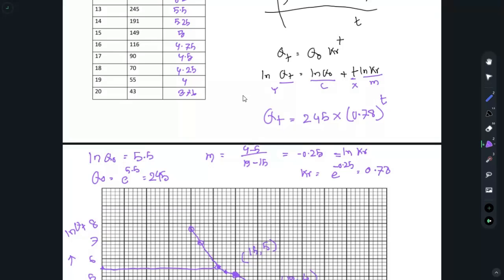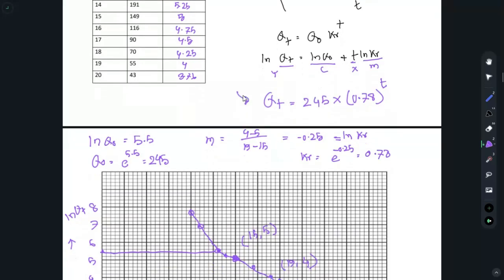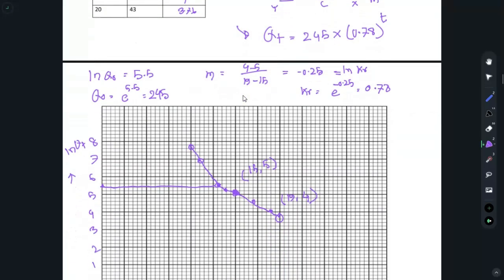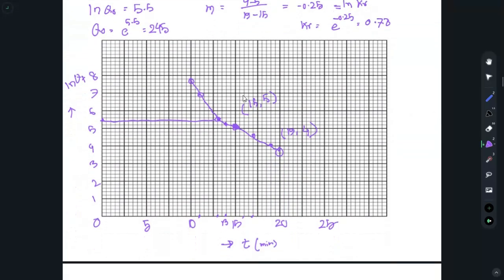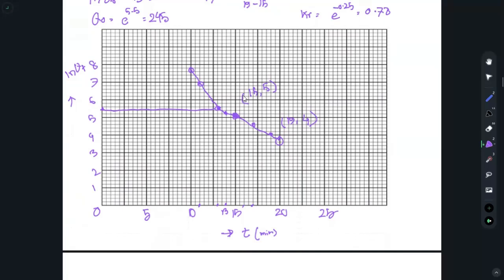Keep in mind that when you find discharge in the recession limb, you'll put the value of t cautiously. Let's say we are asked to find the discharge at 20 hours from the start.